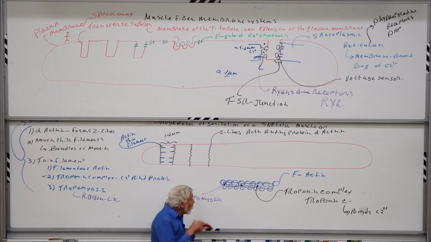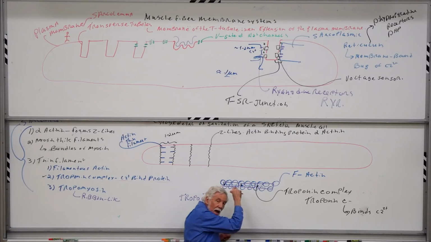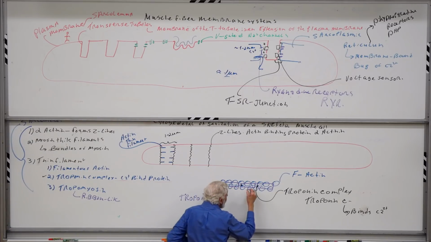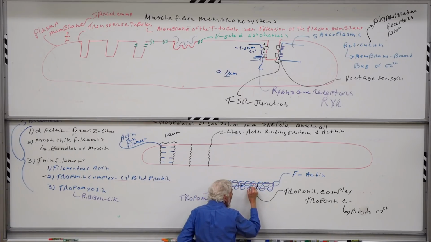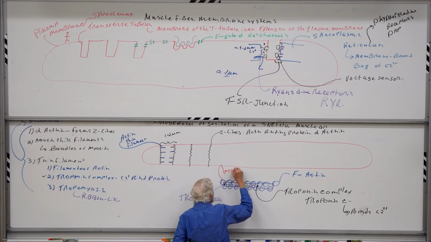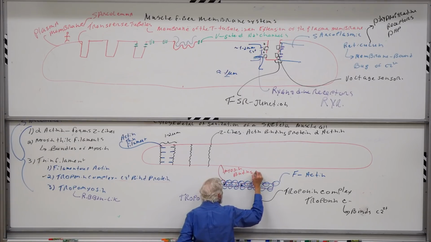If we now drill down and look underneath the tropomyosin molecule, if we sort of lift up the tropomyosin molecule, we find on each one of the actins, I'm going to depict it as a red dot, a myosin binding site.